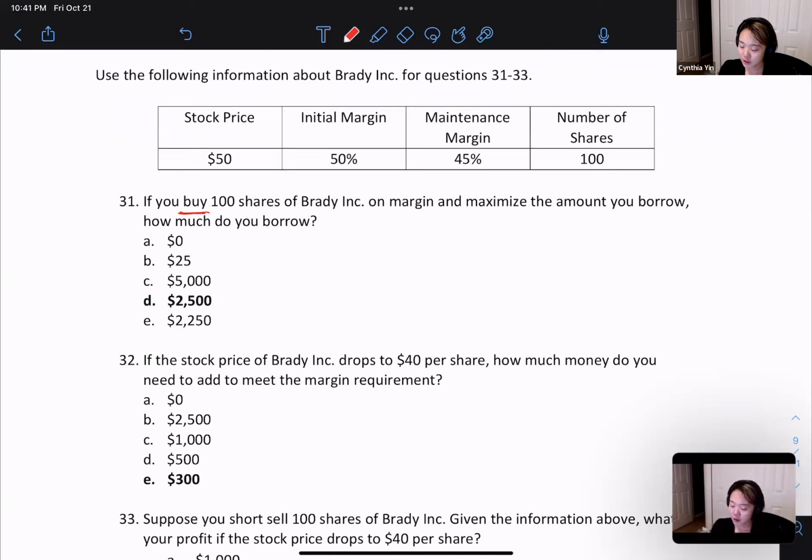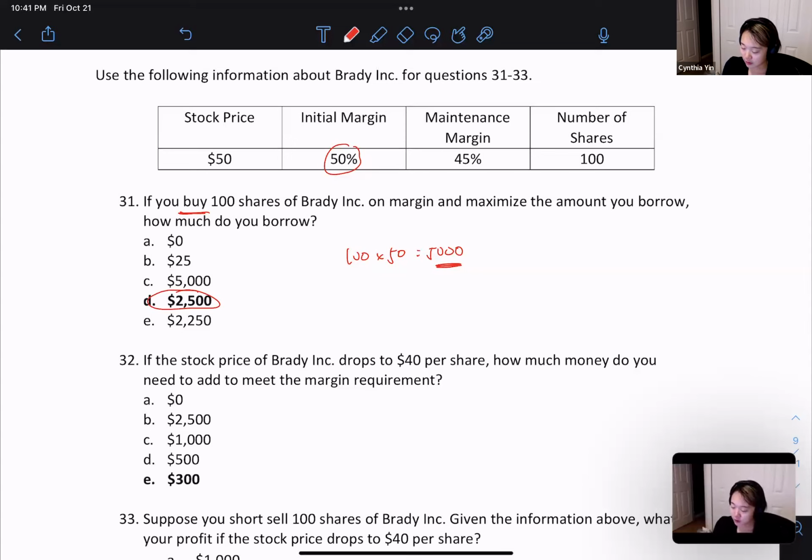So if you buy 100 shares, what's your total wealth? It's 100 times 50, $5,000, right? And the initial margin is 50%. So you can borrow 50% of this amount, meaning it's like $2,500.